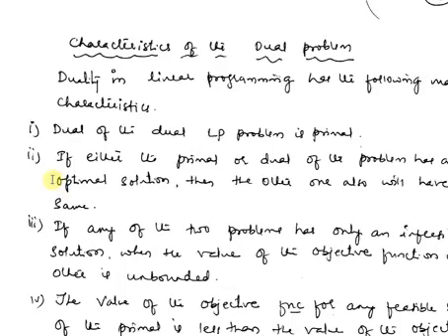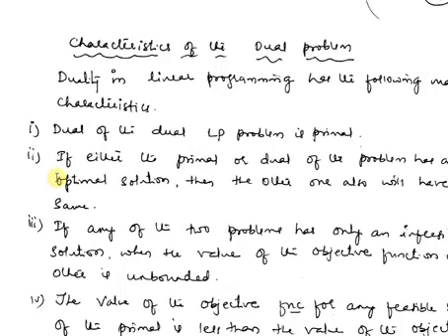Another characteristic of a dual problem is that if either the primal or the dual has the optimal solution, then the other one will also have the same optimal solution. Let's come back to the same analogy: 3 multiplied by 5 is 15, the optimal solution.